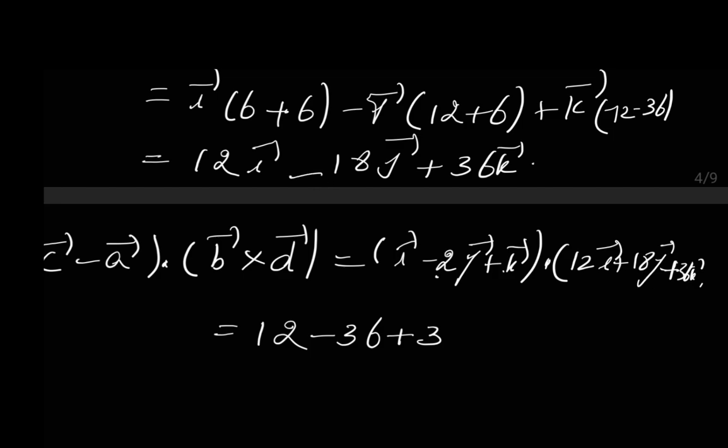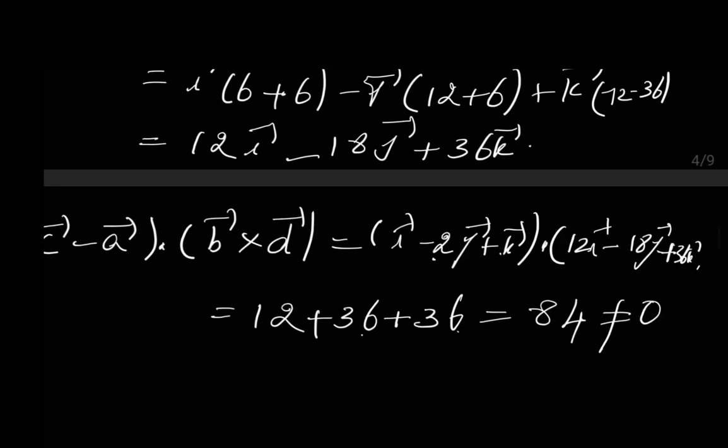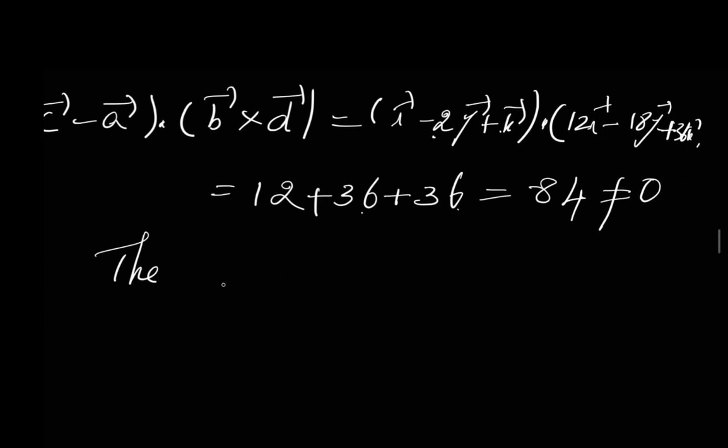So you will get here also minus 12i minus 18j. So in that case, minus into minus plus, 1 into 36, 36. You add all the terms: 72, 84. So this is not equal to 0. So the lines do not intersect.